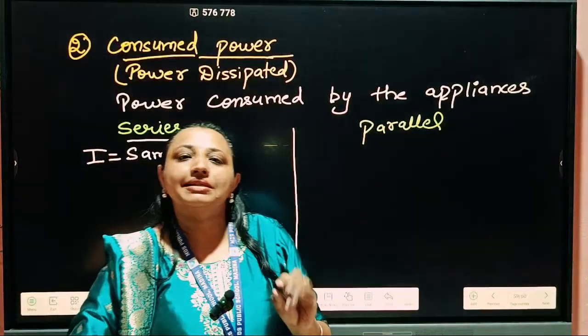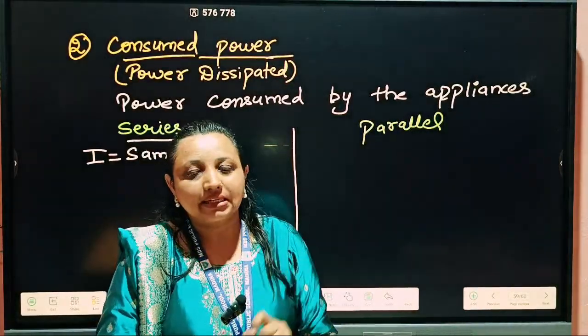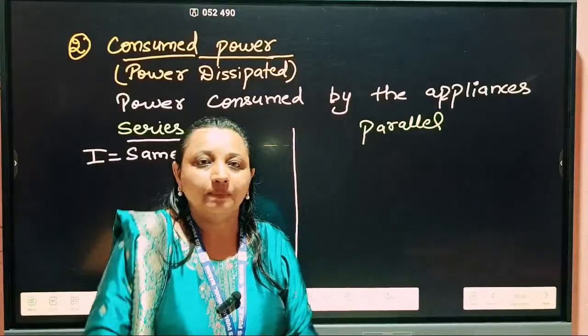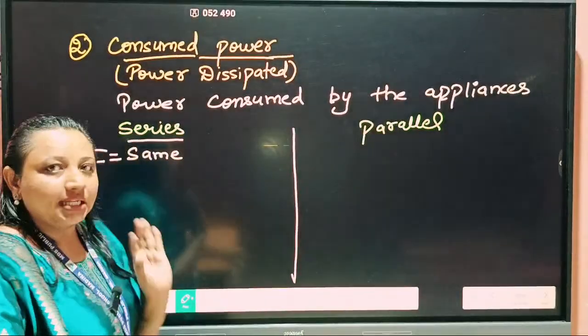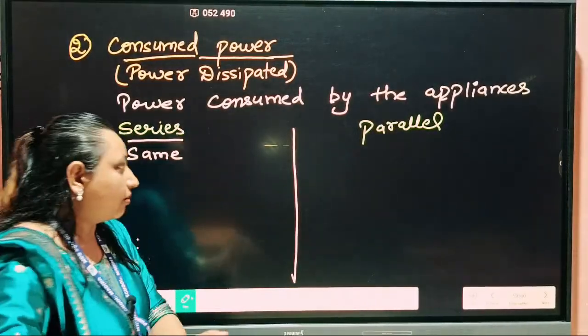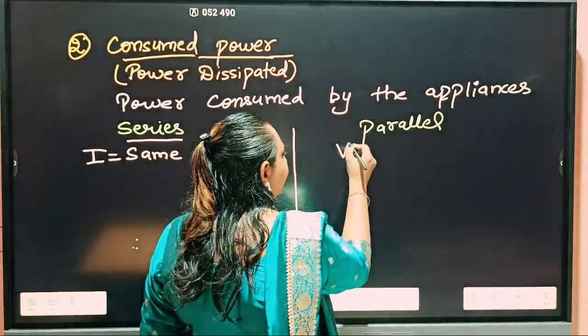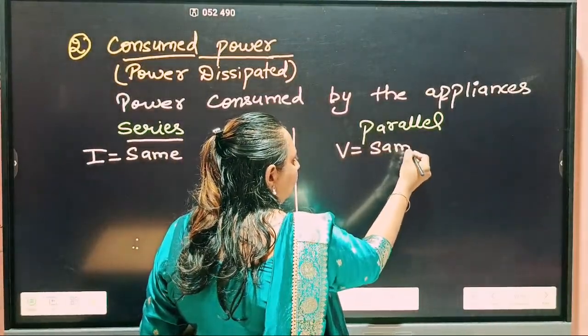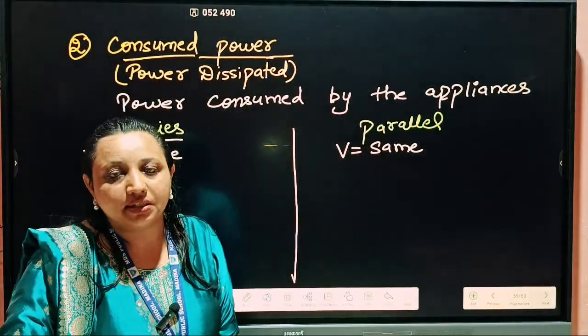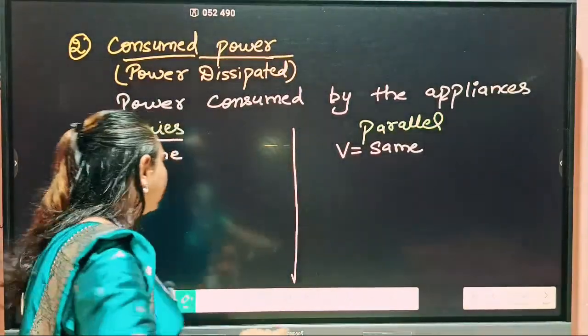We have done this concept with cells, resistors, and capacitors in series and parallel. So current remains the same across each electrical appliance in series combination, and potential difference remains the same when two or more electric bulbs are connected in parallel combination, right?